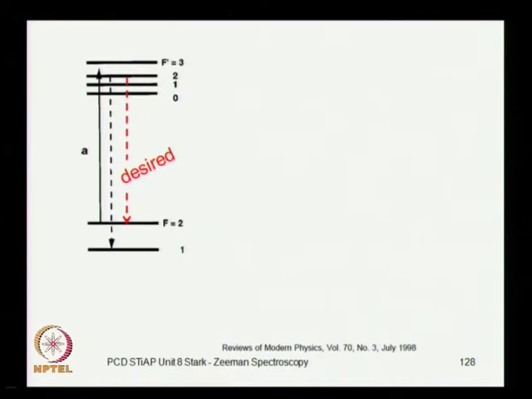If it were to come down to the same level, you could repump and then you would have an appropriate cooling cycle. But since it has the possibility of decay to a different level, you do not have the appropriate cooling cycle available.